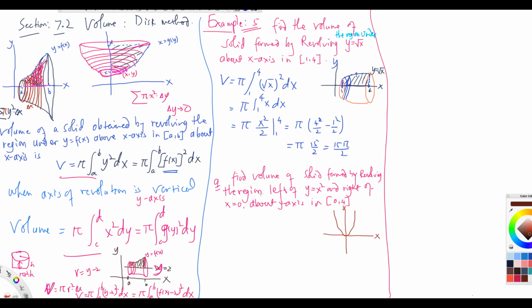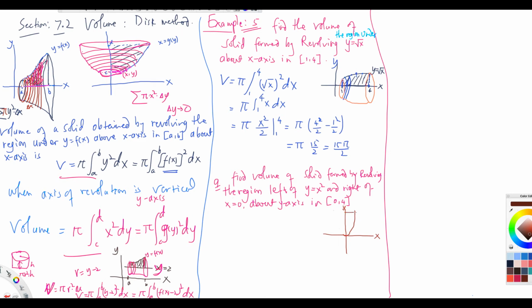By revolving the region left of y equals x square, that is left of that. If you revolve the whole region, or if you revolve just the right side of the region, you will get the same thing, right? If you revolve it, you will get a kind of cup shape.